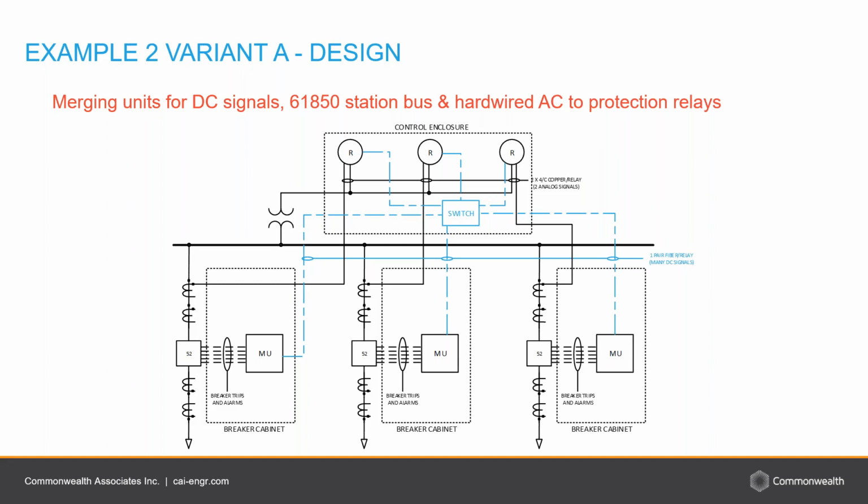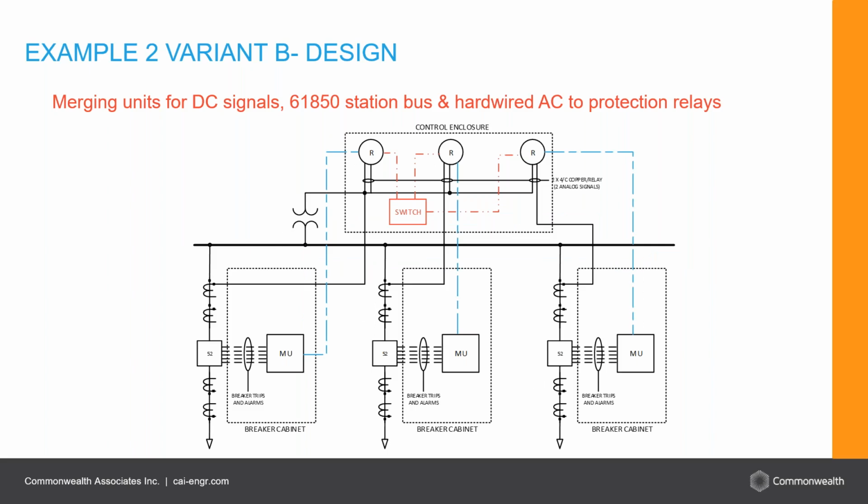If we want to go one step further, this is another example using the point-to-point wiring like I was talking about earlier. So those industry product lines that I'm talking about that have more of a point-to-point architecture between the merging unit and the relay, some are 61850 compatible and some are not.